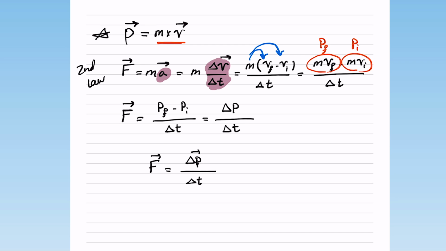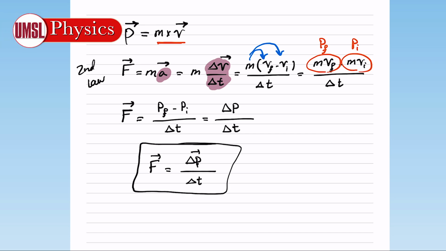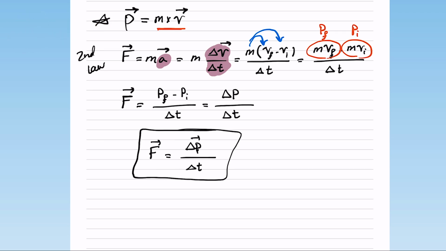Now, the usage for this formula is that a lot of times when we're dealing with collisions between two objects, all right, we want to see if the momentum is conserved. And so we rewrite this equation for a particular reason.